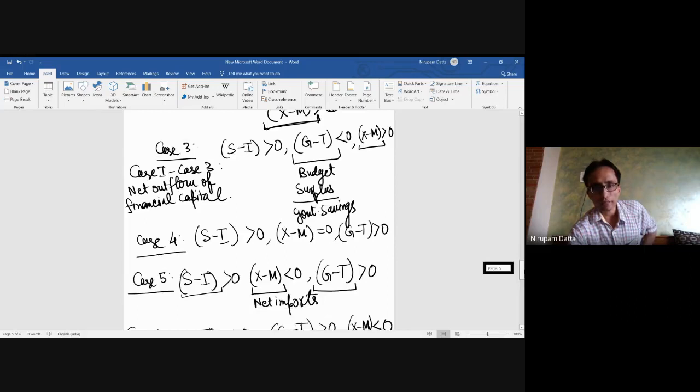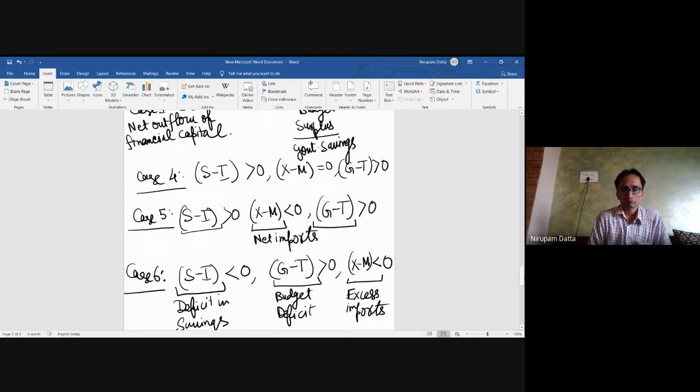Now in case 4, when X minus M is equal to 0 but G minus T is greater than 0, the net outflow of financial capital is 0.